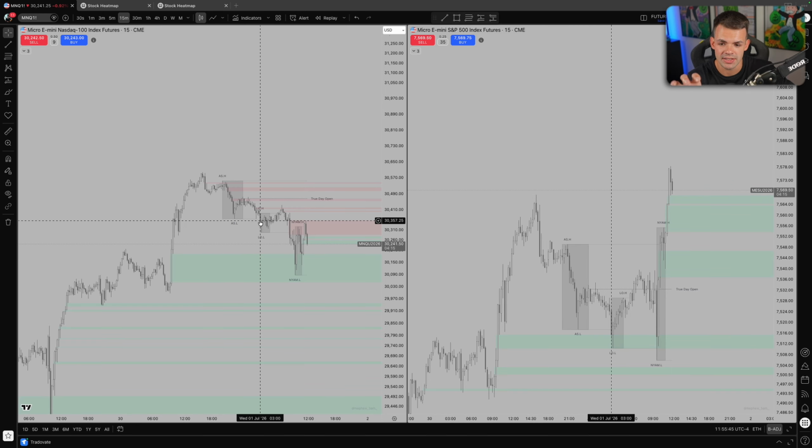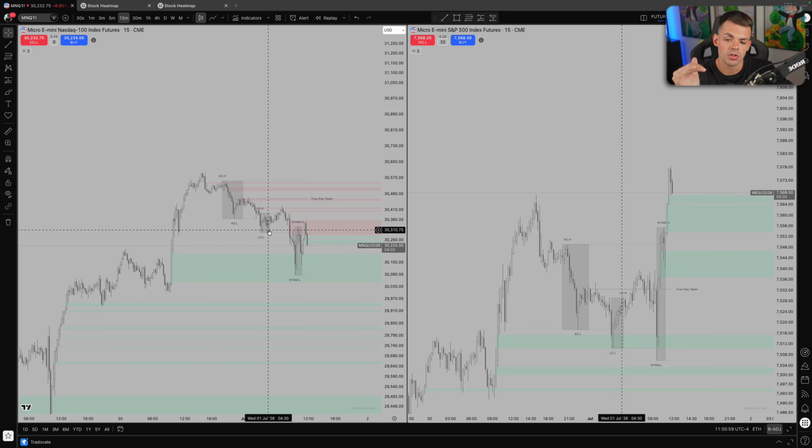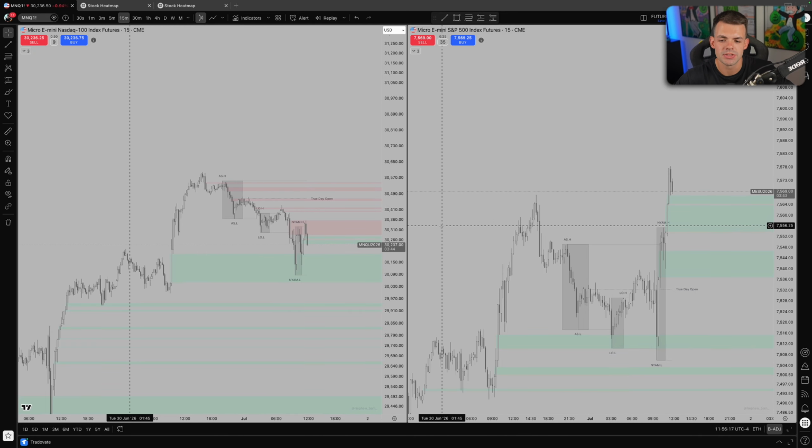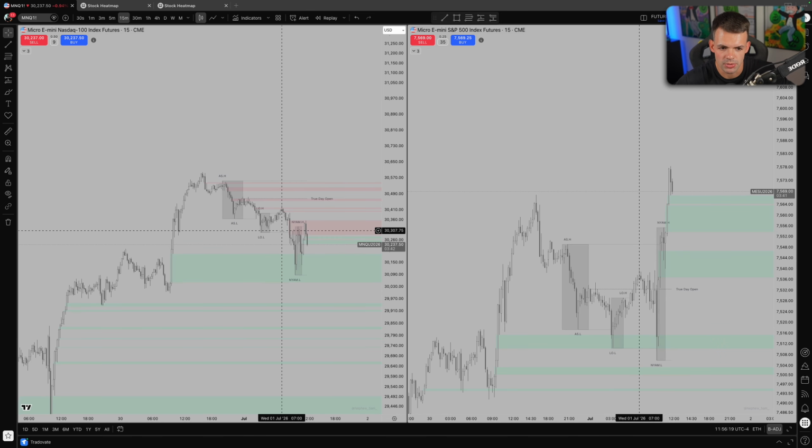So if you're executing longs on the stronger asset or on the weaker asset. If you just execute your long positions on the stronger asset, no matter if it's the Nasdaq or the S&P 500, this small adjustment will increase your win rate by 15 to 20%.